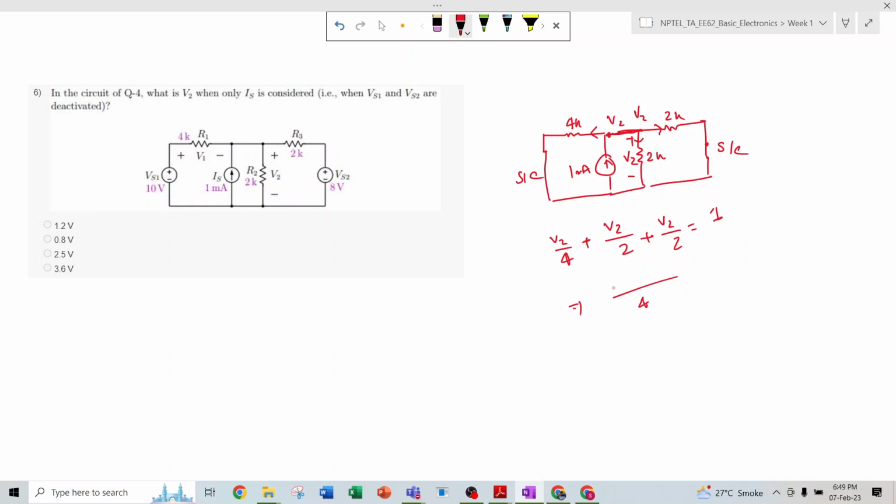So 4, it will be V2 plus 2V2 plus 2V2 is equal to 1. So 5V2 by 4 is equal to 1. So V2 is basically 4 divided by 5, so 0.8 volt.